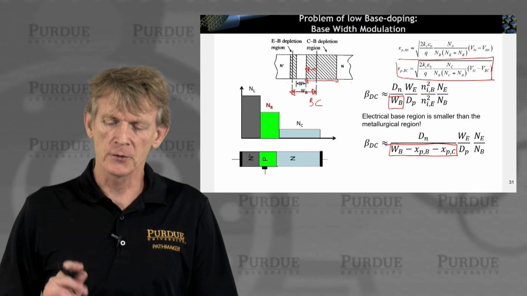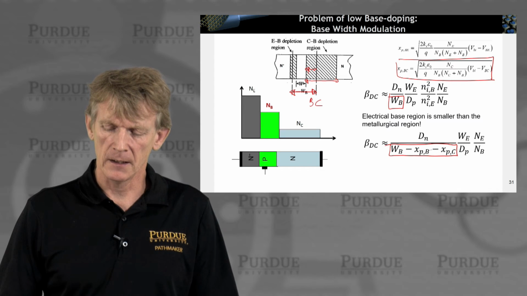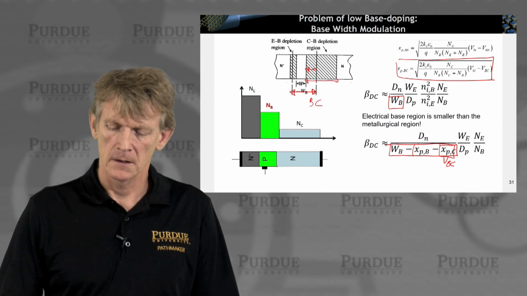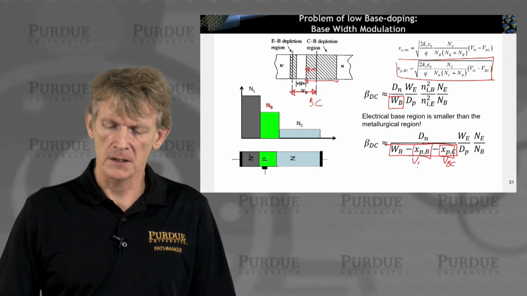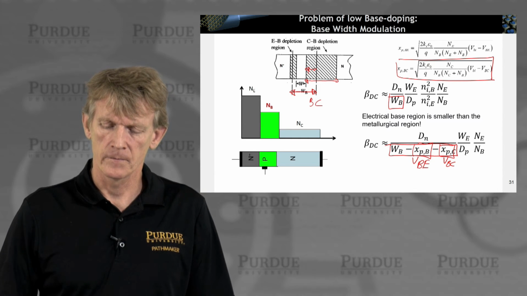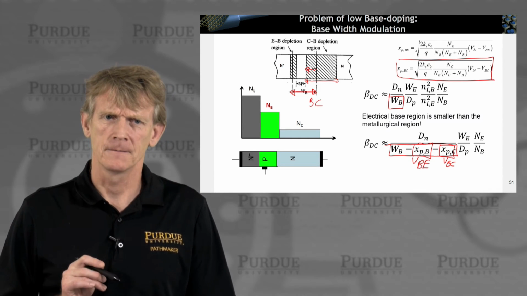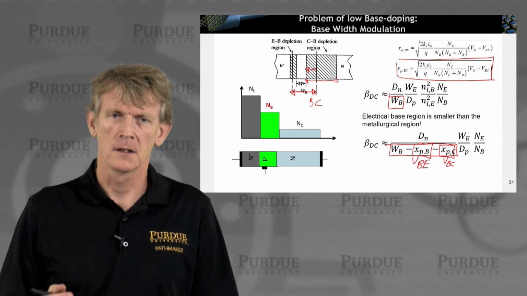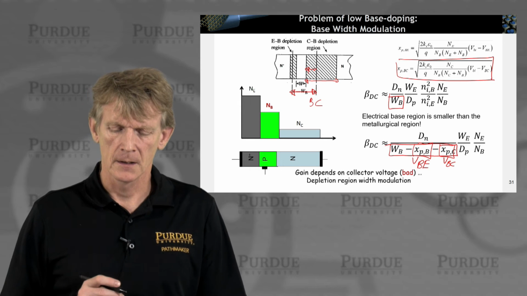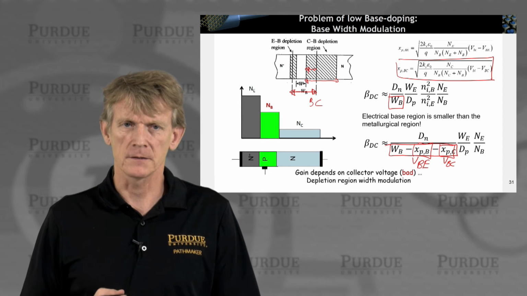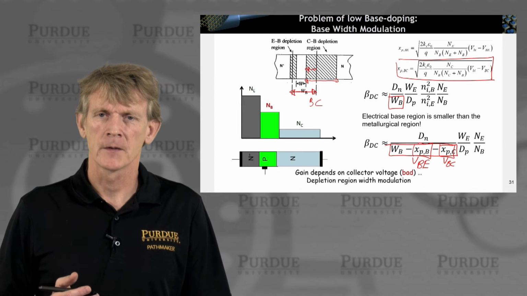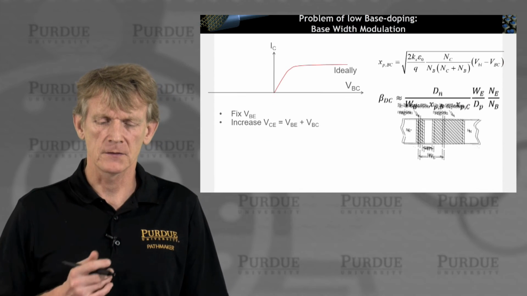And if you do that, you're starting to have on here a dependence on VBC, and on here a dependence on VBE. That's bad. That means your gain depends on the voltage you apply. Okay? It depends on the collector voltage. So that's not a good thing, so you'd like to avoid that. And we'll discuss some of this in the next slide.